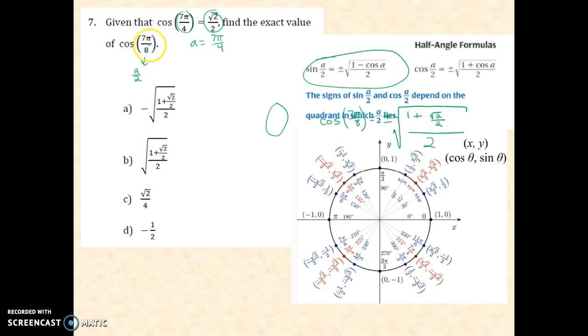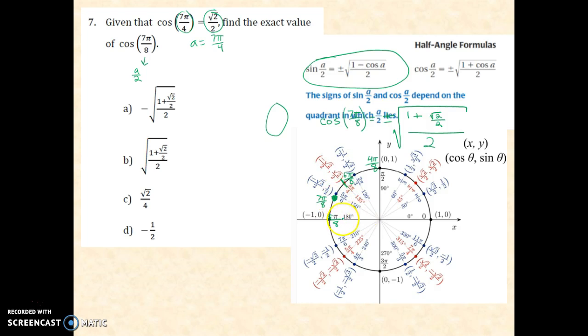Well, 8 pi over 8 would be pi. So right here is 8 pi over 8. Pi over 2 would be 4 pi over 8. And 3 pi over 4, that's 6 pi over 8. So 7 pi over 8 is going to be right in between those guys. So 7 pi over 8 is right here.